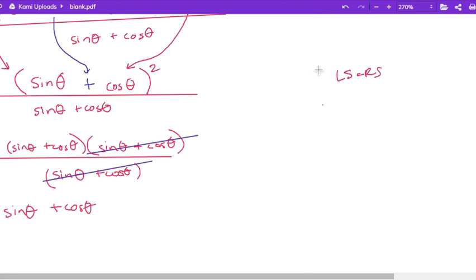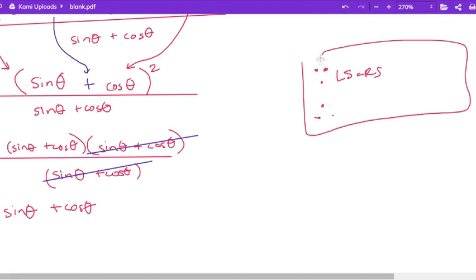But if you got this, that might be communication marks, because the strategy is you always start with the one that is more complicated. So you would have started with the left side. But if you were able to get them to be identical, then you would get it right. I might say that's not as efficient. In communication, I'm looking for efficiency.